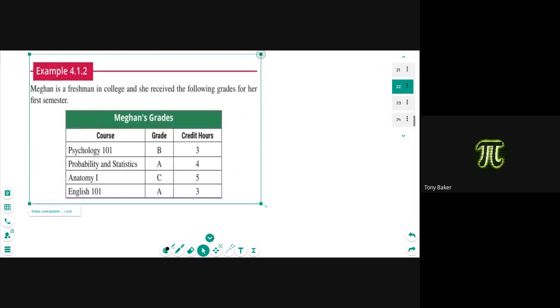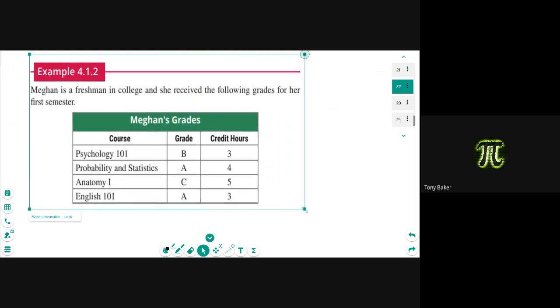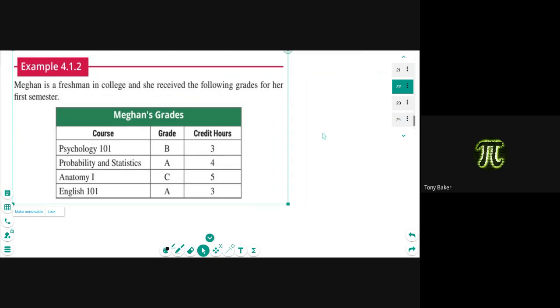You guys know how to figure out your GPA? All right. So your GPA, or even your class grades, in almost every class you've ever been in, is known as a weighted average. So a weighted average means that not everything is equally calculated.